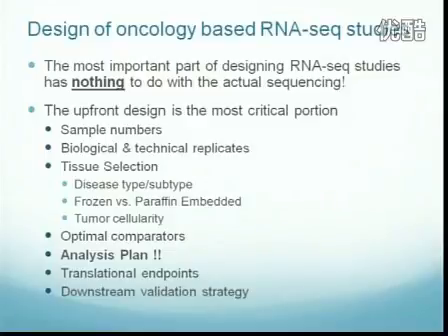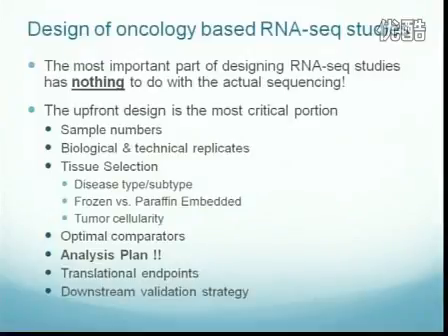A lot of people will work too fast on upfront design, get done with the sequencing, and then go back and say, oh my, I should have done this. So I think a lot of time spent on the upfront design is key to your success. These include sample numbers. You can ask Yun Long how many people will do a 3-sample experiment and expect to get statistical significance. You can't do that. You have to have proper sample numbers when you do these studies.